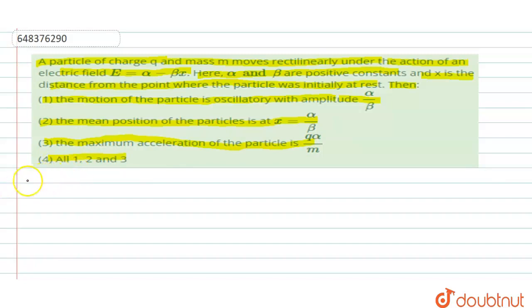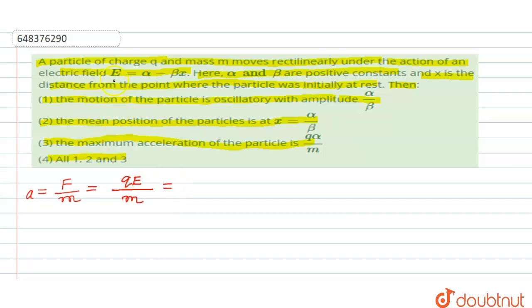We know from the definition of acceleration that a, the acceleration, is equal to force by mass, and we know force equals qE, where q is the amount of charge and E is the electric field, which is given in the question, and m is the mass of that particle.